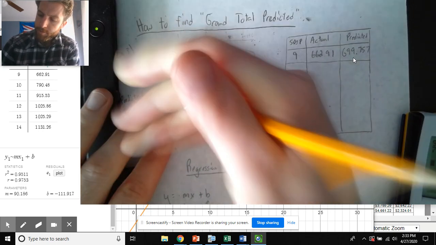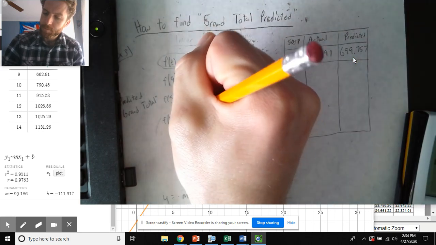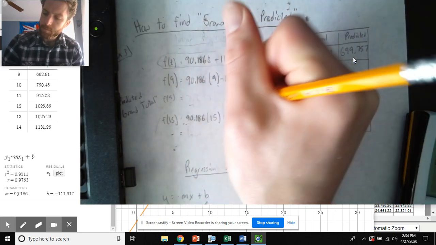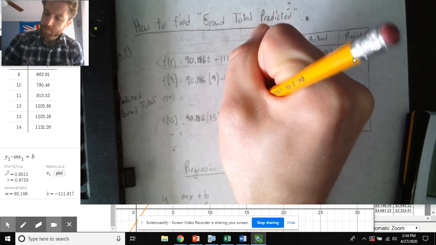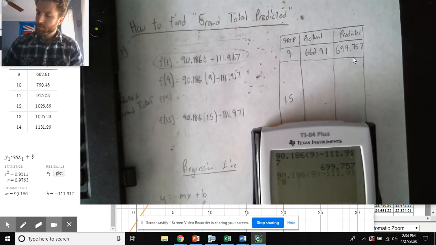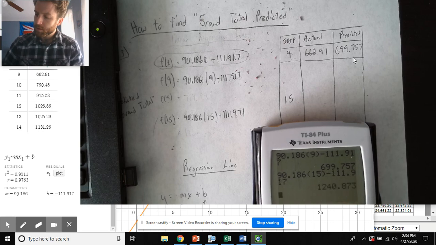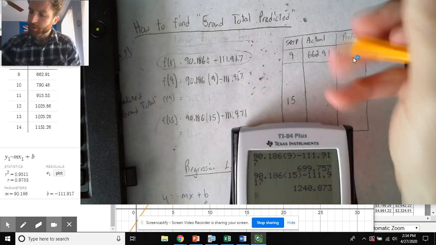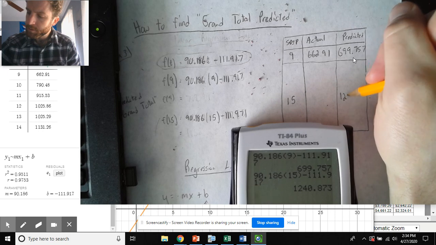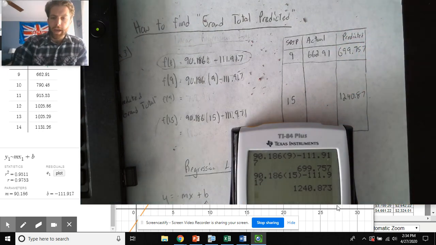I'll do one more. I'll plug in f of 15. And we get 1,240.87 compared to the actual value.